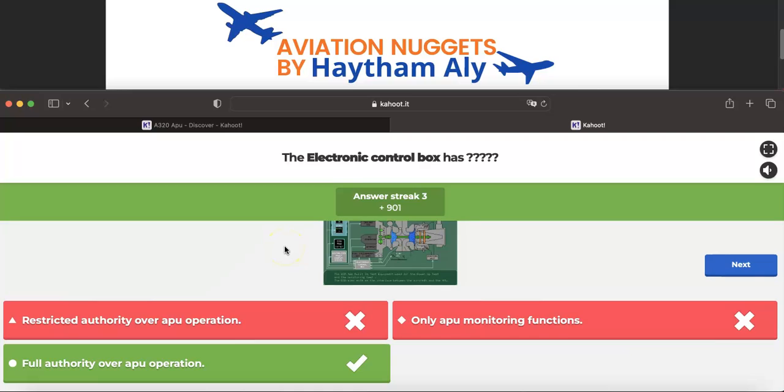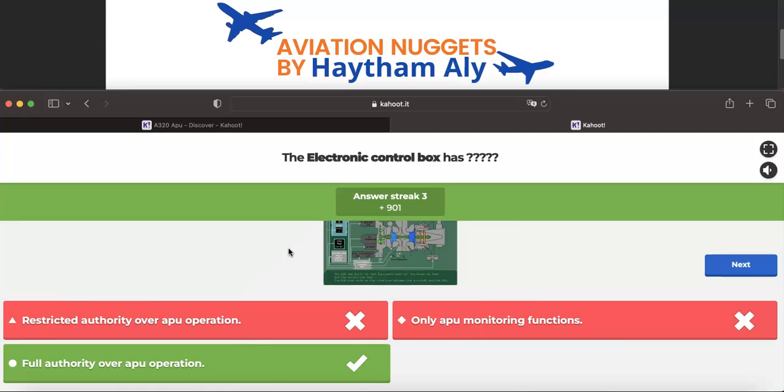So from where can we initiate an emergency shutdown? From the APU fire push button. If you release the fire push button of the APU, it will go to emergency shutdown. And also from the external ground panel, if you press the APU shut off push button. Any ground personnel, like pilots or aircraft maintenance technicians, if you need to shut down the APU from the ground, you can do it from the external ground power panel behind the nose landing gear.